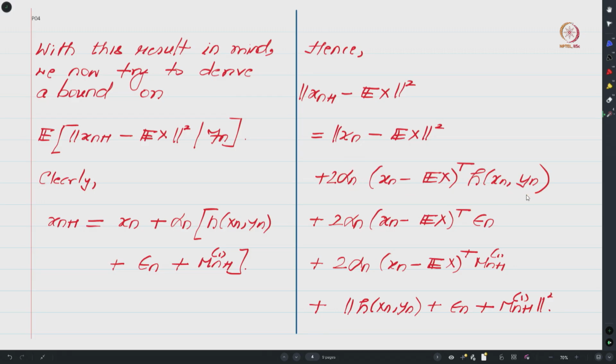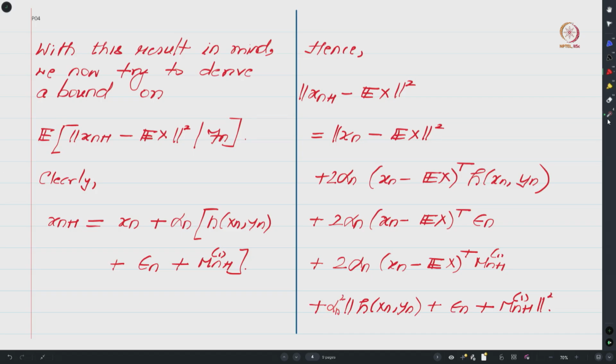The first cross term will be xn minus expected value of x transpose h of xn, yn. The next cross term will be something like this, and the third cross term will be something like this. And finally I would need to take all these terms over here and square them up. I realize there is a typo here, so this should be alpha n squared.